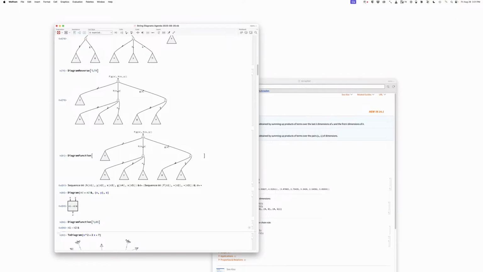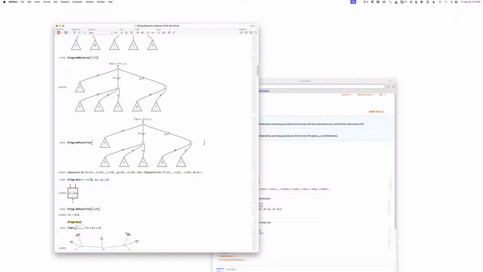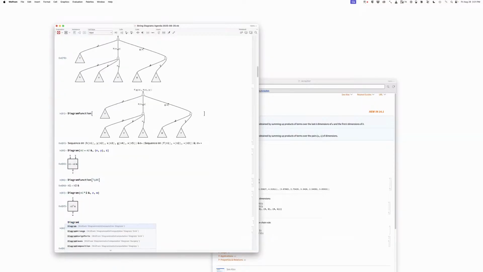Okay. Commas. So yeah, comma z. Why do I have to? Okay, z, comma w or something. Yeah. Okay, now I say diagram composition of this guy.